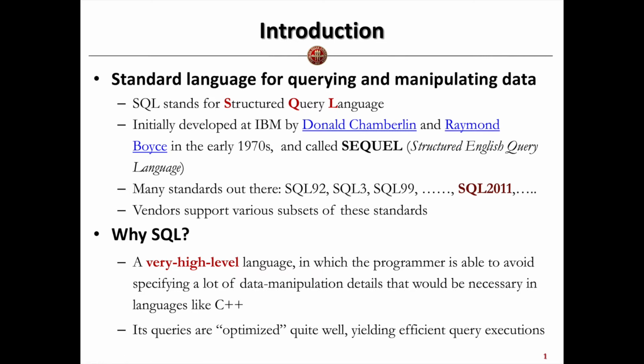We have SQL-92, SQL:1999, SQL:2003, and SQL:2011. Actually, the standards have been changing with time because we need to implement some new functions in SQL. It is still evolving with time, and then we may have some new versions of SQL as well.